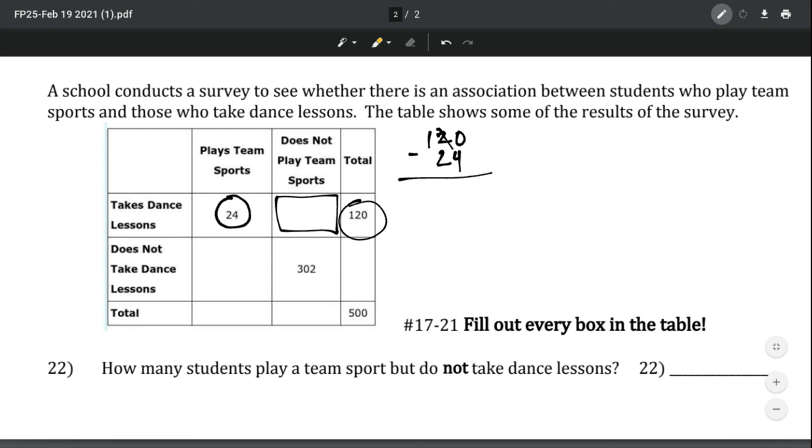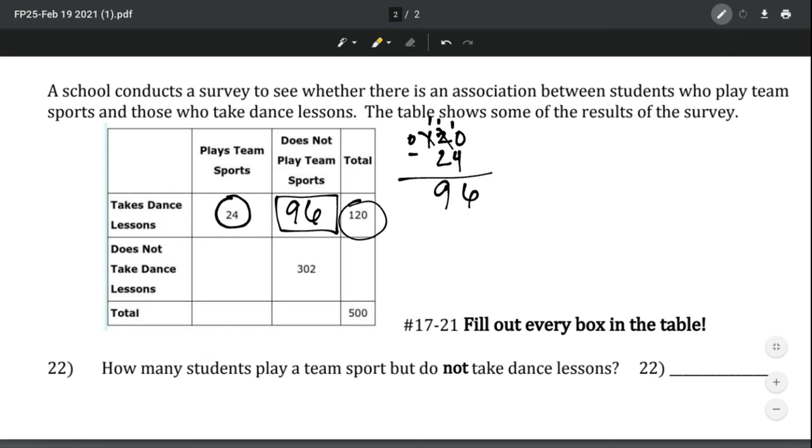I'm probably not going to work through every one of these because you'll catch on quickly. 120 minus 24 is 96. Let's see if I got that before. Yes, good. 96. So we know now that at that intersection, there's 96 students who do take dance lessons, but they don't play team sports.